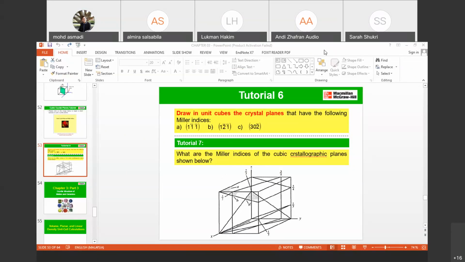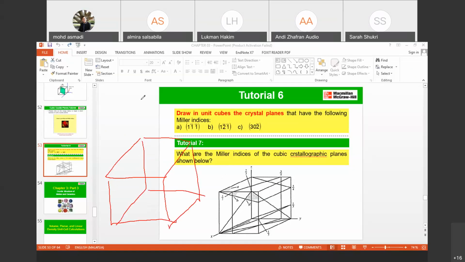I draw this one, I draw the box. Can you draw how you can get the Miller indices? What is the Miller indices for A? Okay, so this is the box. For A, the plane is like this.